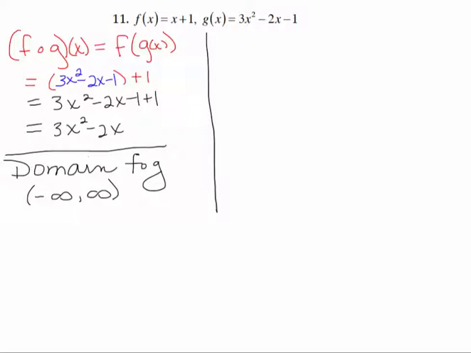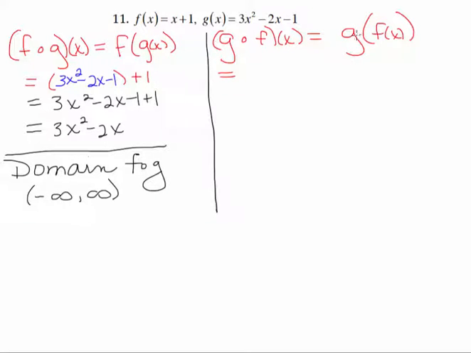Okay, so now we're going to do g of f. So g of f of x can be written as g of f of x, like this. And that means f of x is going to be substituted in for all the x's of g.